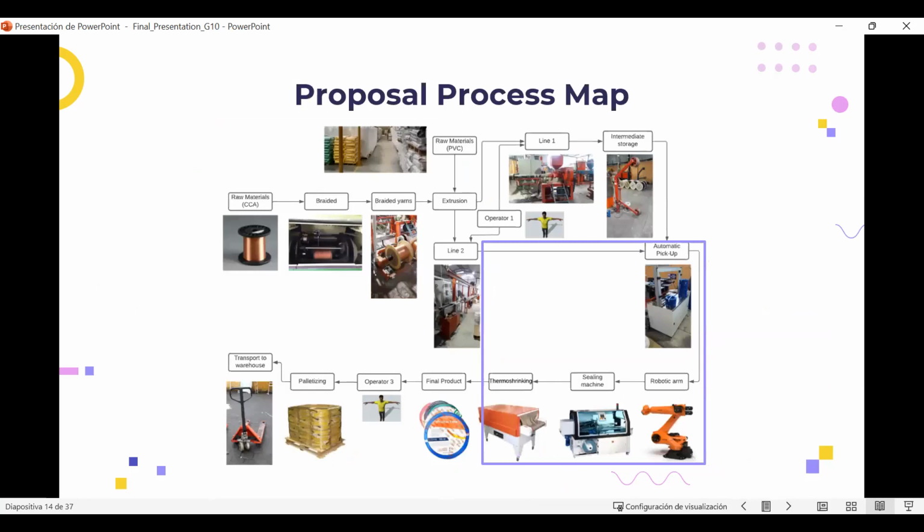Proposal. The proposal involves replacing the operator with a robot in the picking and packing stage, as we can see.